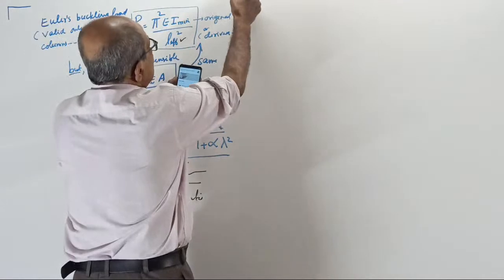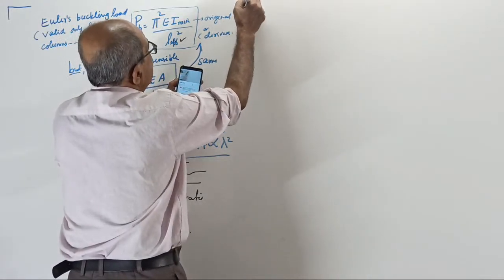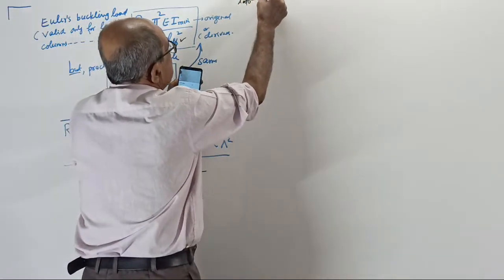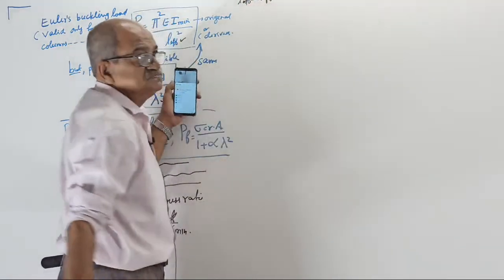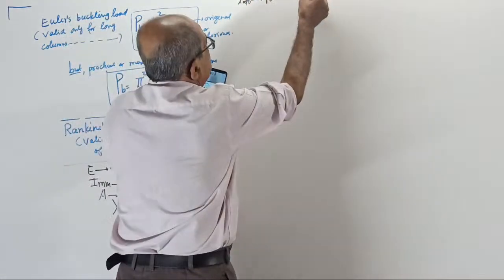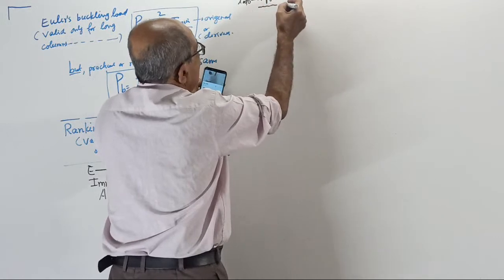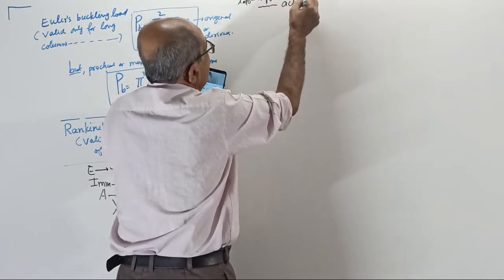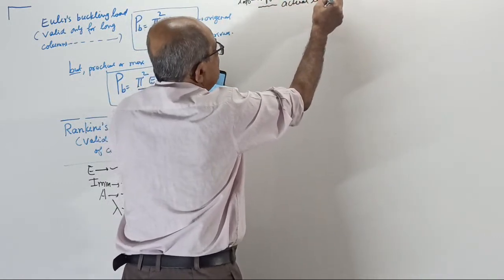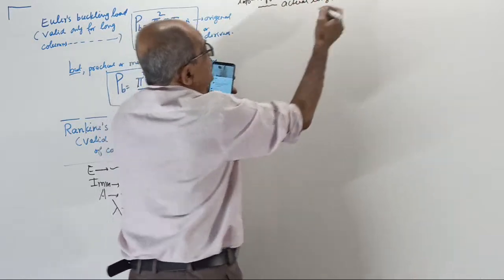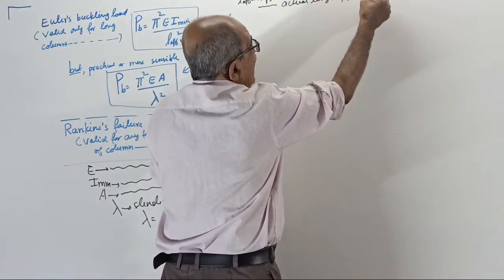Further, L effective is the effective length of the column, which is to be obtained based on the actual length L and end conditions. I told you, serious people will write actual length L and end conditions.